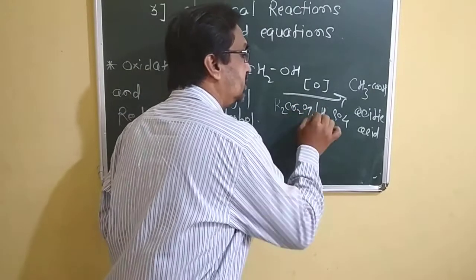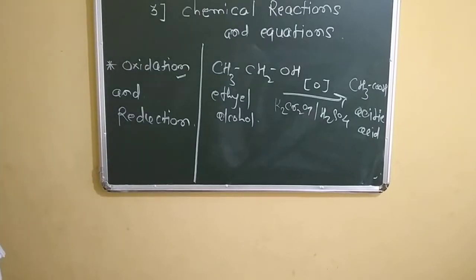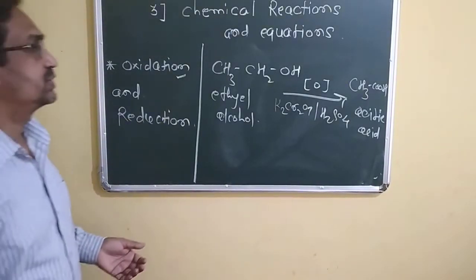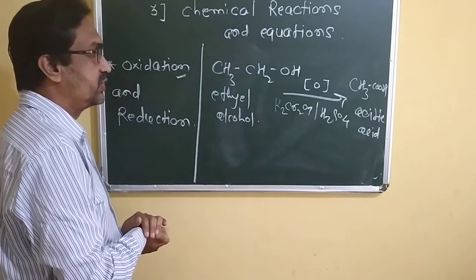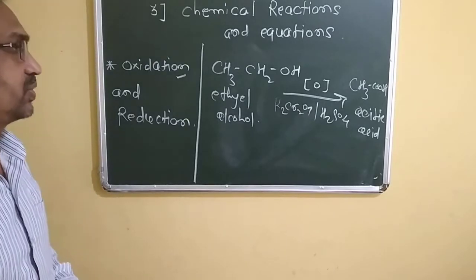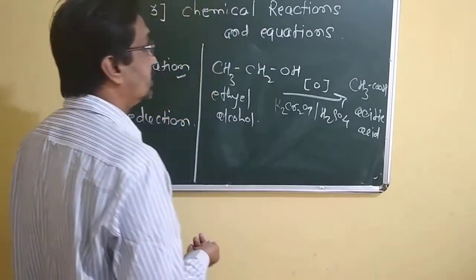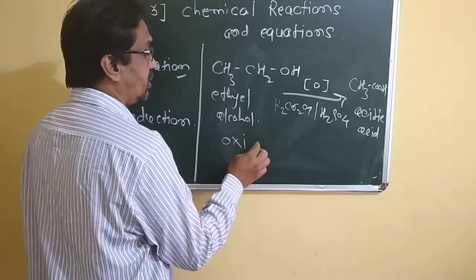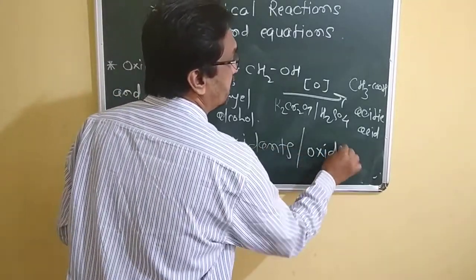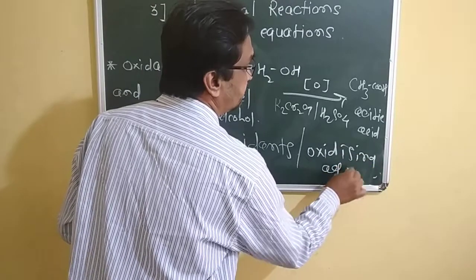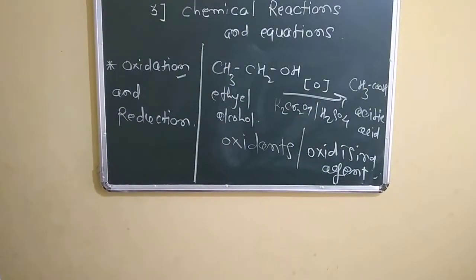In this type of reaction, a specific chemical substance is provided which can supply the oxygen for the oxidation. The substance which provides oxygen for an oxidation is called an oxidant, or oxidizing agent.